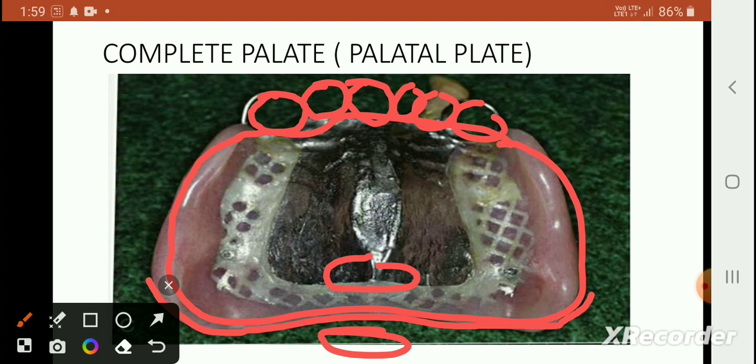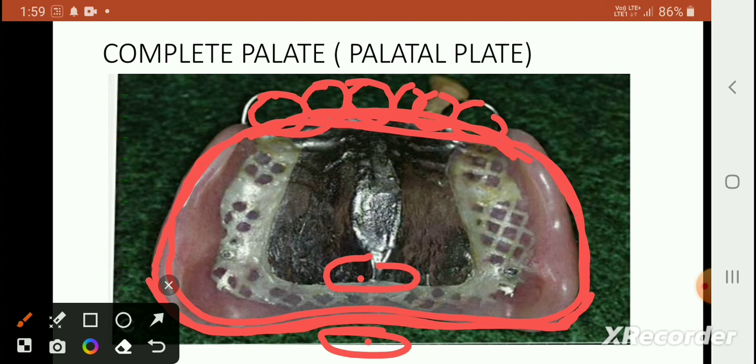It is indicated when the six remaining anterior teeth are to be replaced, and the disadvantage is that it may lead to adverse soft tissue reaction in the form of inflammation or hyperplasia, because it covers a large area of the palate, or the whole of the maxillary palate is covered, so it may lead to adverse tissue reaction.